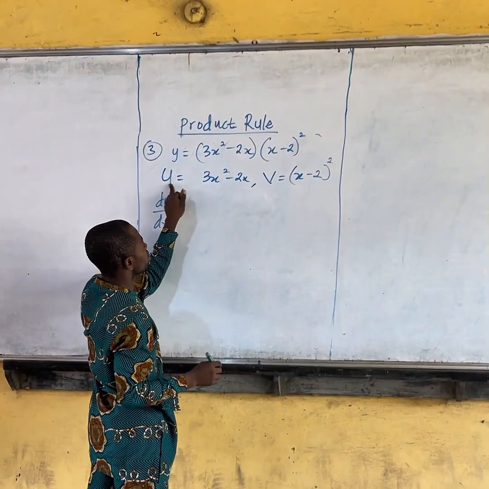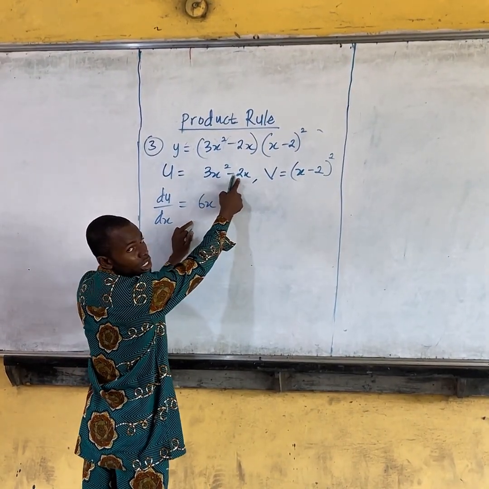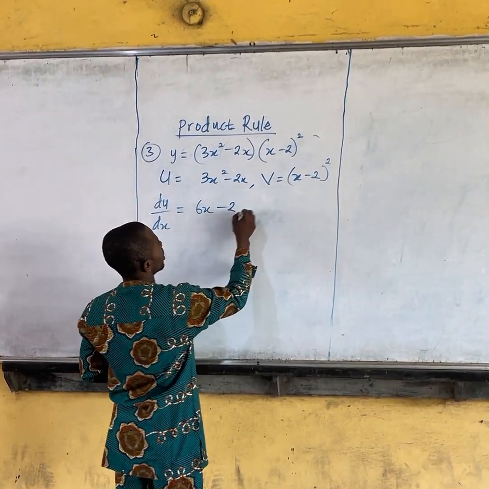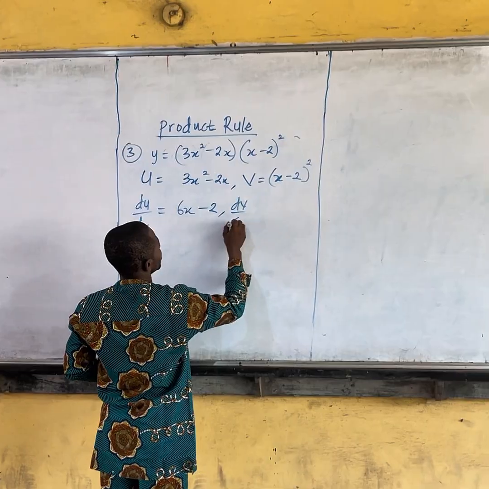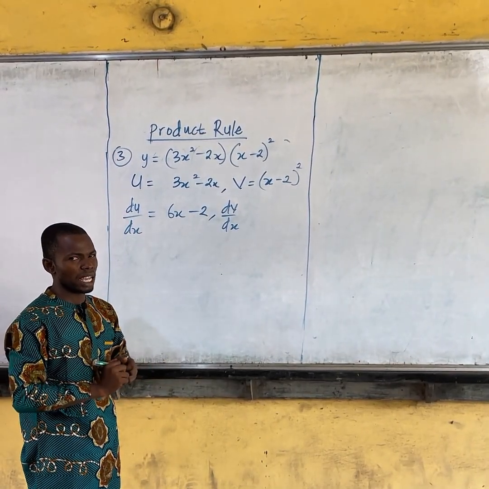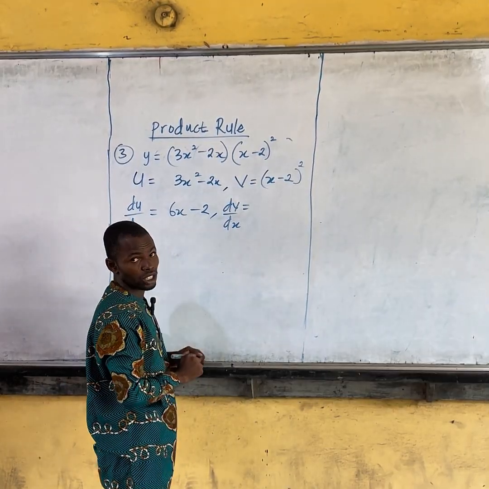I'm differentiating u with respect to x. This will give me 6x. This will give me minus 2 du dx. Now for dv dx, if you look at the nature of v, it is not an ordinary function but a composite. So I will now use the shortcut for composite functions, that is chain rule.